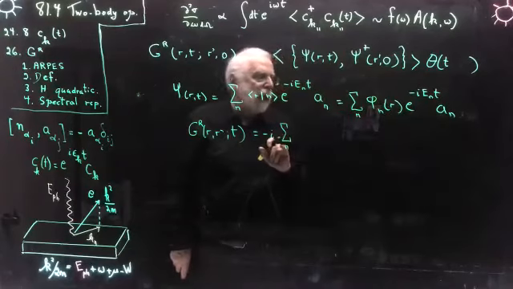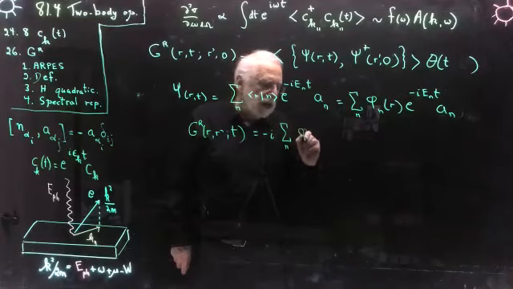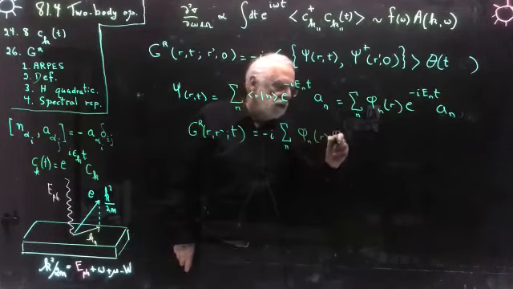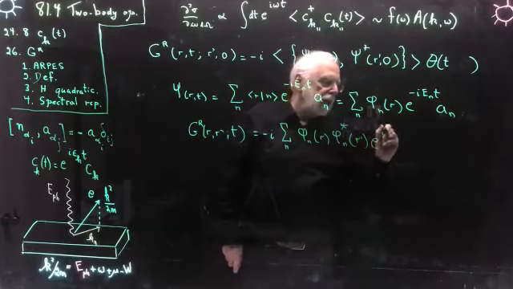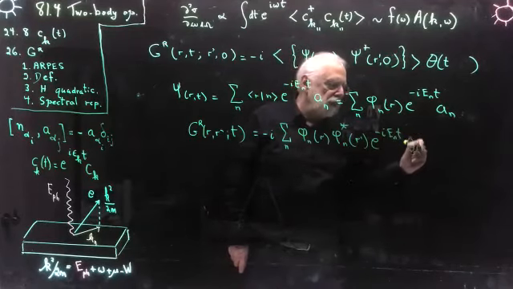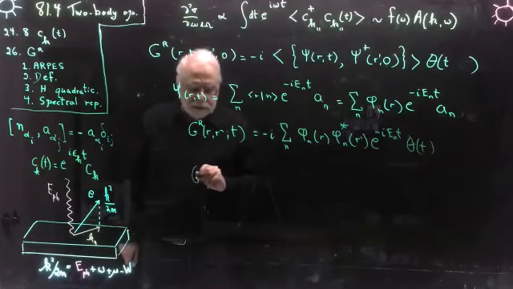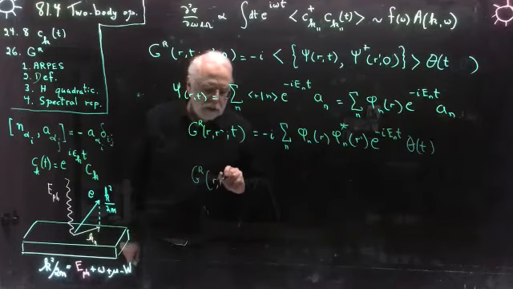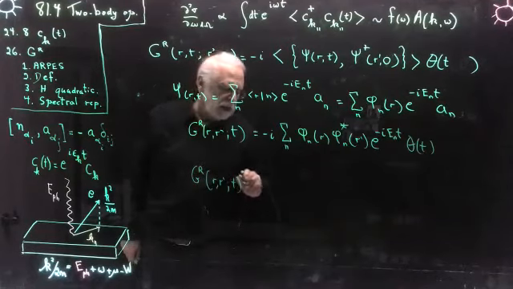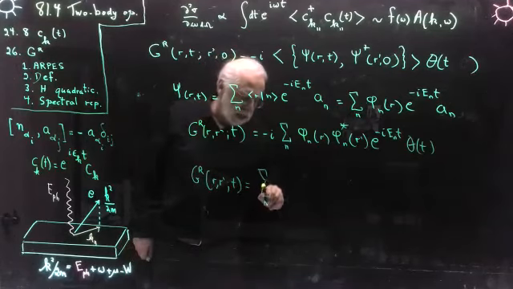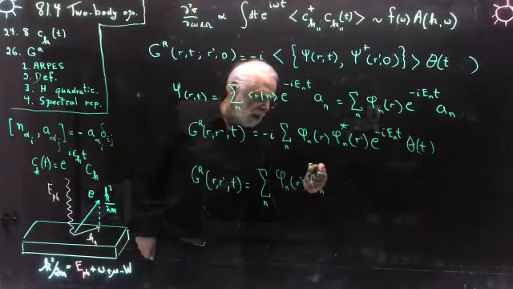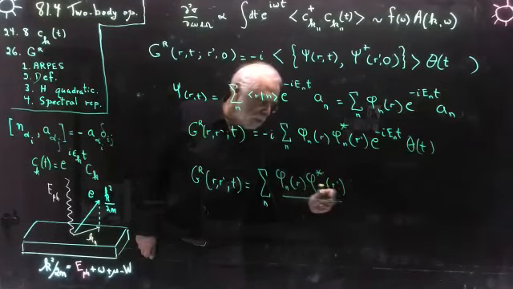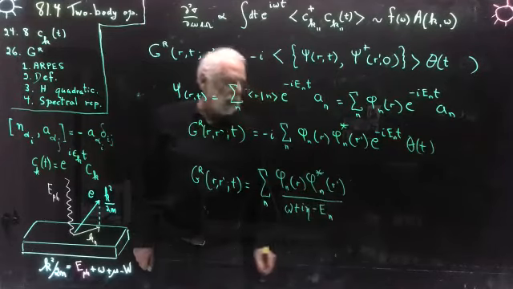So I have a single sum over n left, and I have phi_n of r, phi star_n of r prime, e to the minus i e_n t times theta of t, which means that G^R of r, r prime, omega will be equal to the sum over n of phi_n of r, phi star_n of r prime over omega plus i eta minus e_n. Ta-da!